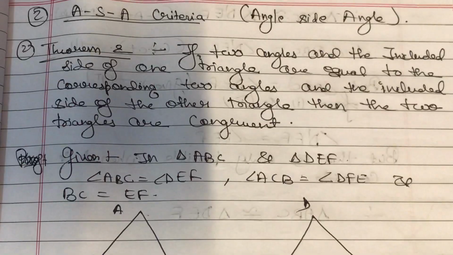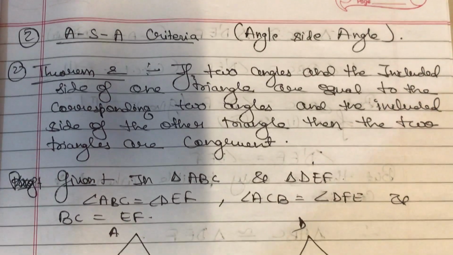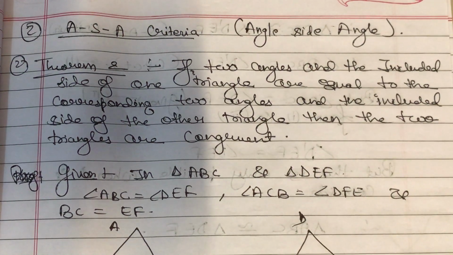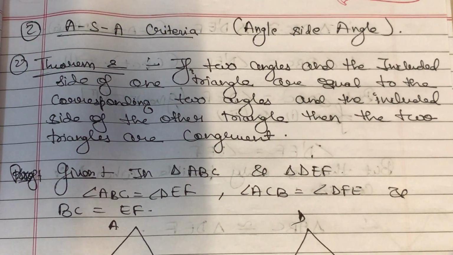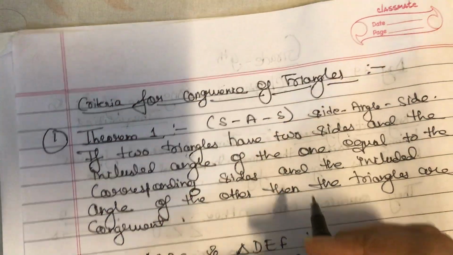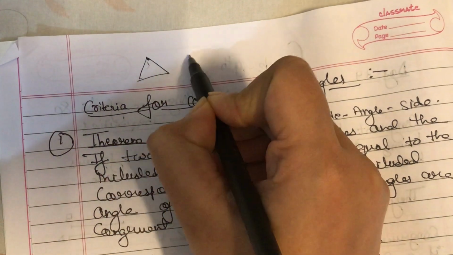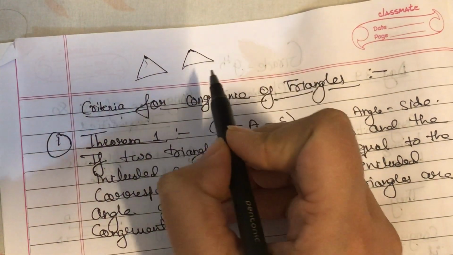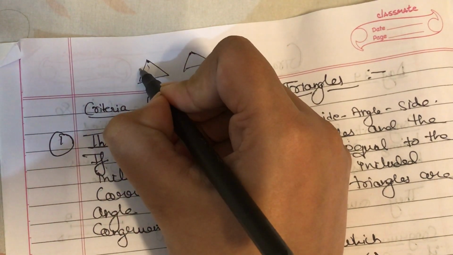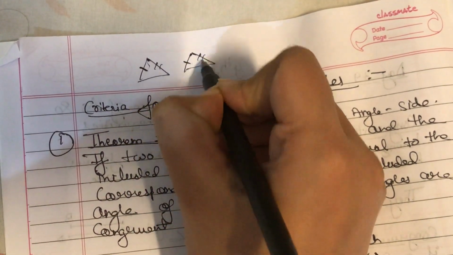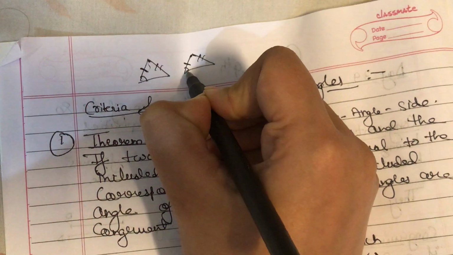Now let's move to the second theorem, which is the angle side angle criteria. That is angle side angle. Also one thing which I want to tell you over here, whenever we say SAS, suppose there are two triangles, can it be that this side is equal to this side, this side is equal to this side, and this angle is equal to this angle?